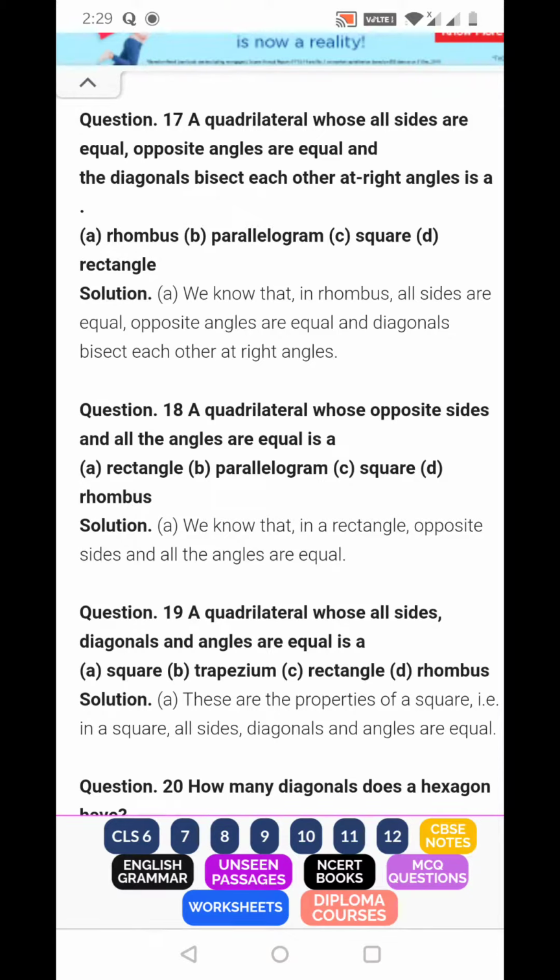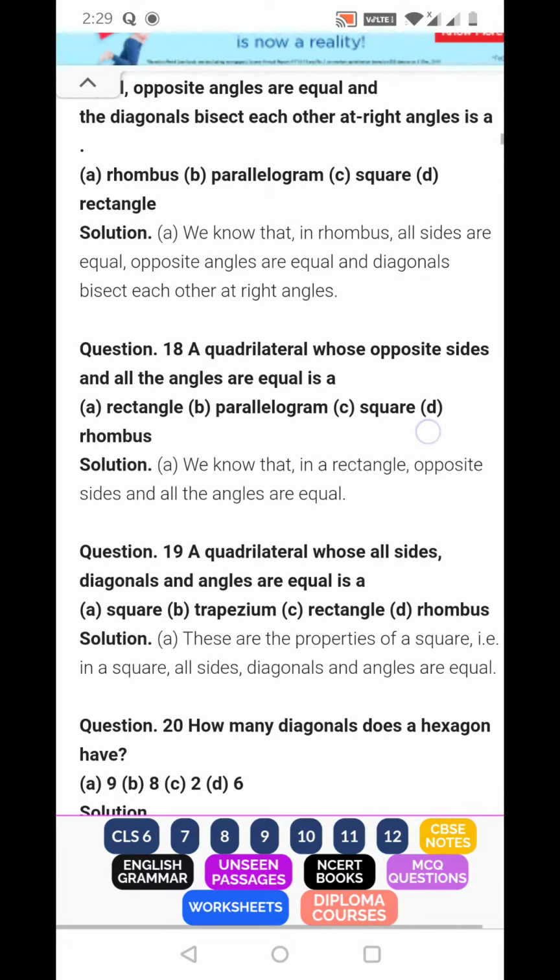So look, a quadrilateral with all sides equal is a rhombus or a square. Opposite angles are equal, but in the case of a square all angles are equal, and the diagonals bisect each other, so that polygon with such properties is known as a rhombus.